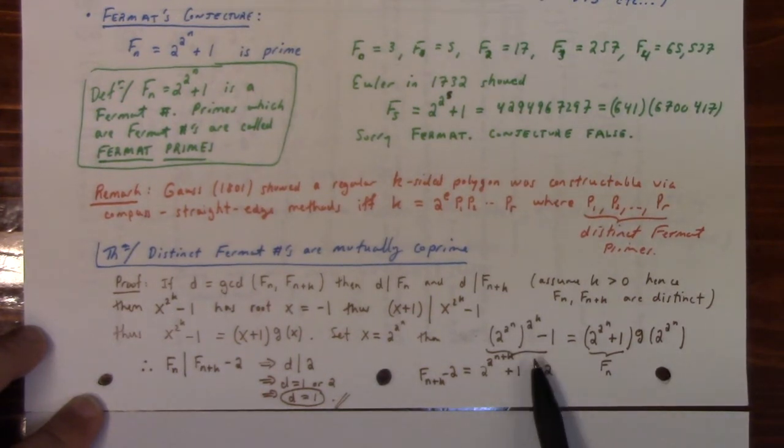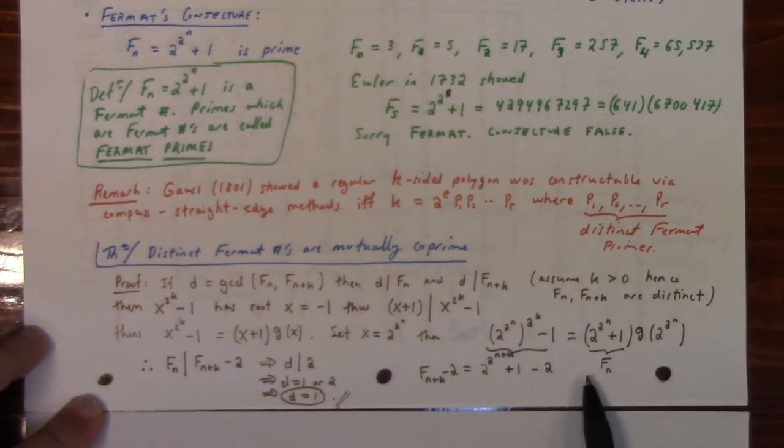k). And then I add 1 and subtract 2 to get back to the minus 1, just to see that this is the n plus kth Fermat number minus 2. It's equal to the nth Fermat number times some other number, which shows you that 2 is a common divisor of both the nth and the n plus kth Fermat numbers.